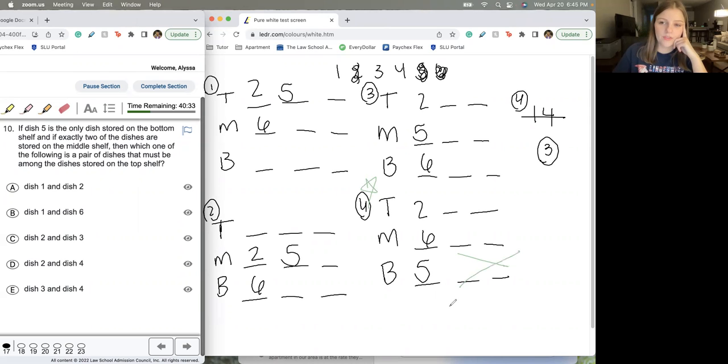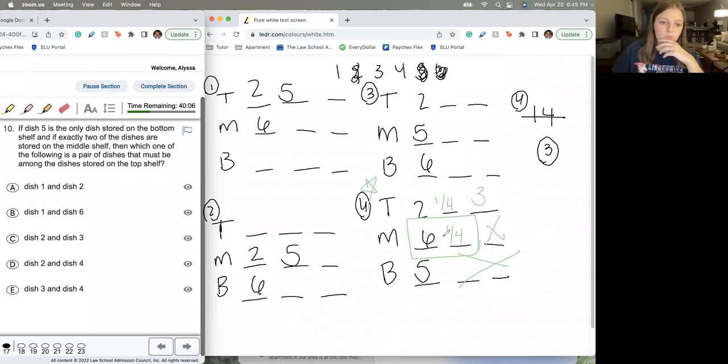But we have the other caveat of exactly 2 of the dishes stored on the middle shelf. So that means that I don't have a third dish here. I can only have these 2, which if we think about what variables we have left over, 1 and 4 hate each other, which means that it's going to either be 1 or 4 on that middle shelf, and 3 is just going to pop in on that empty spot.